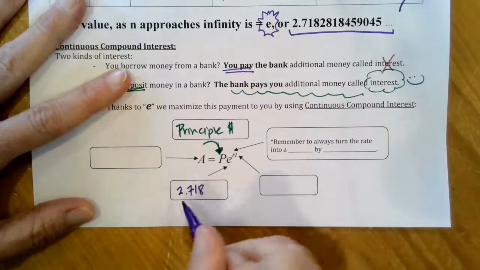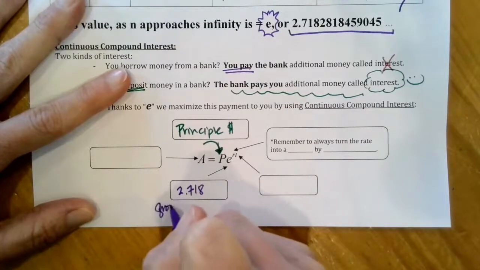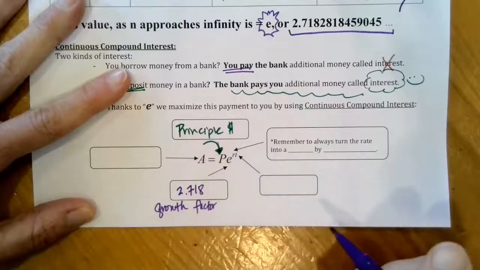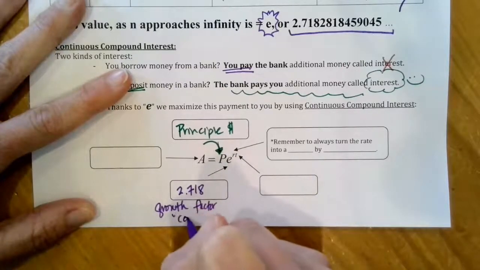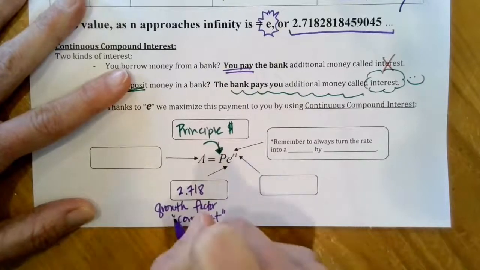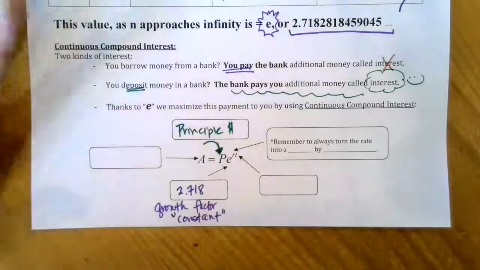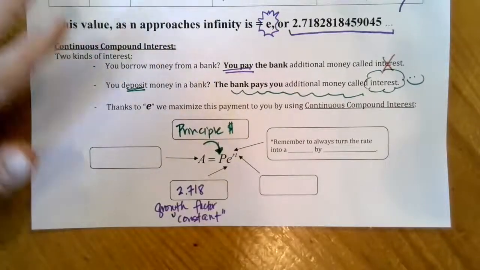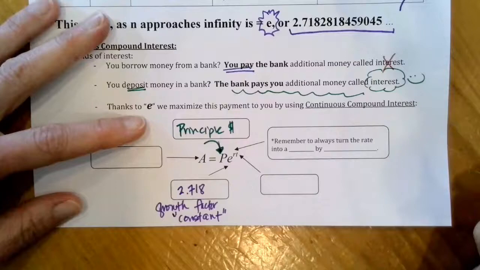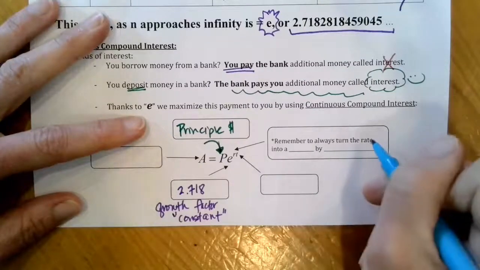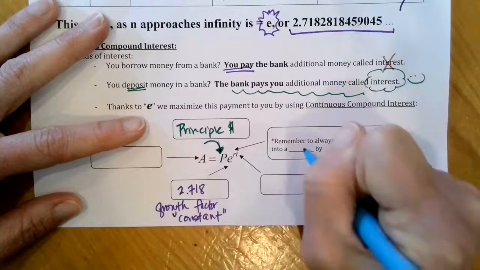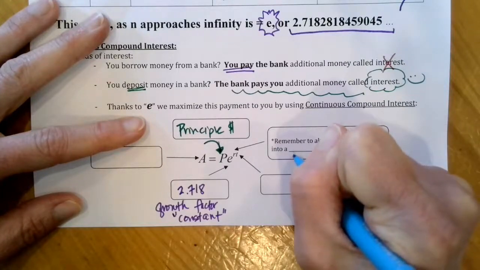And what E represents is that growth factor that's a constant, which means it's not going to change, and it's a beautiful irrational number that mathematicians discovered. It was actually kind of cool. Okay, so your rate is going to be the amount of money that you're earning, and you're always going to turn the rate into a decimal.